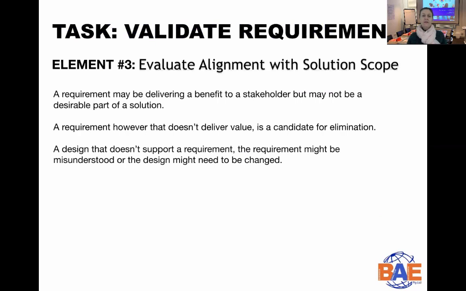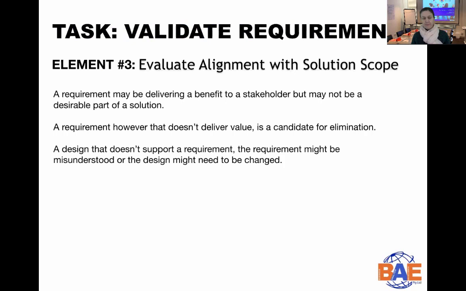Okay, so the third element as part of validate requirements is evaluate alignment with the solution scope. A requirement may be delivering a benefit to a stakeholder but may not be a desirable part of a solution. A requirement that doesn't deliver value could become a candidate for elimination.